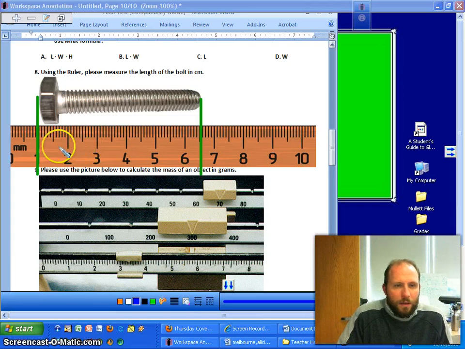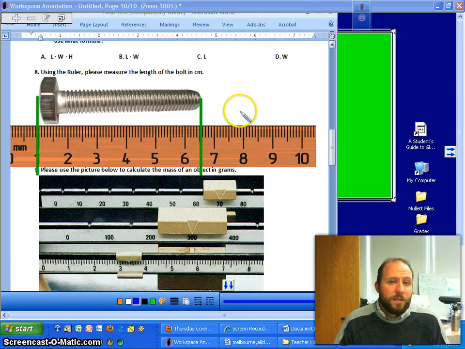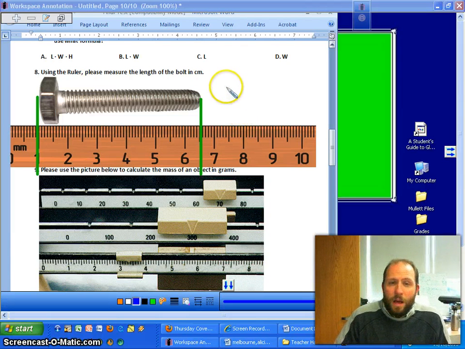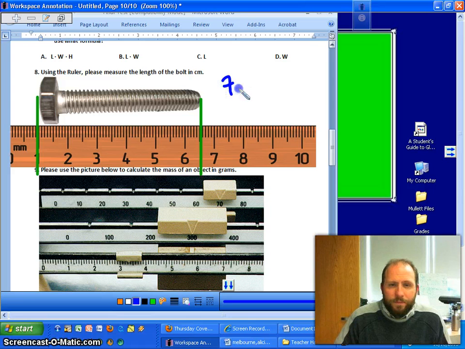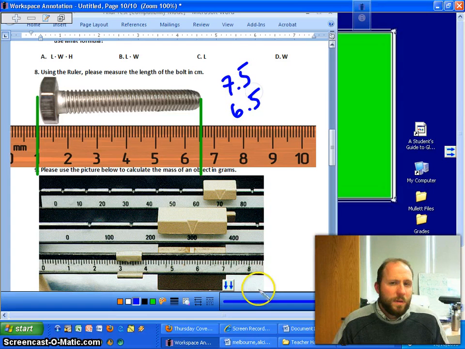So what are you guys thinking is your best answer here? I would accept a couple answers here. Curious to see what you would think. Between these two, 7.5 and 6.5, which one makes the most sense?